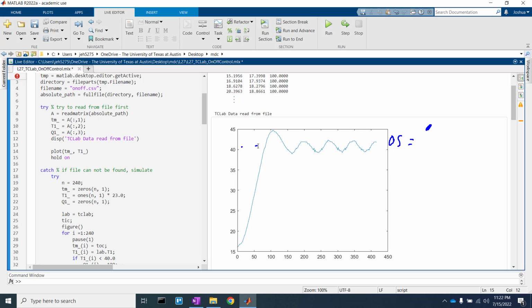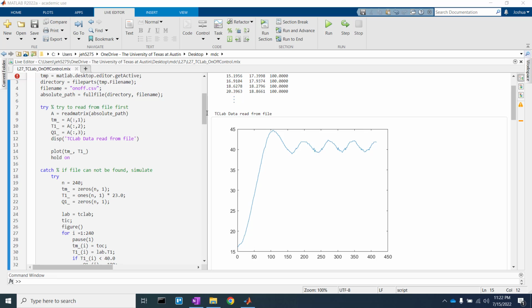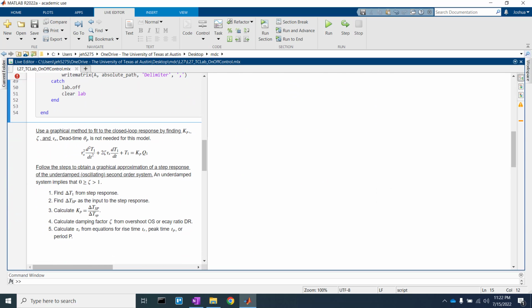If we think right here, that's our final temperature, so we'll say that's 4. So 4 over, and then this B right here is 41 to 16, so that's going to be 25. So our overshoot ratio is 4 over 25.